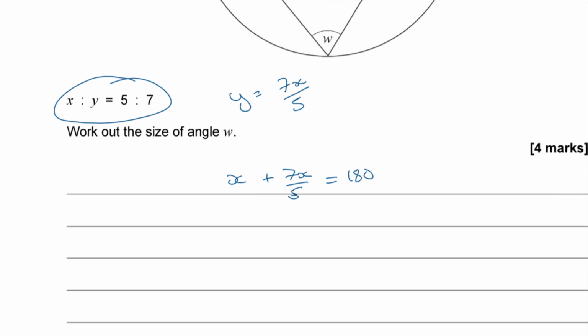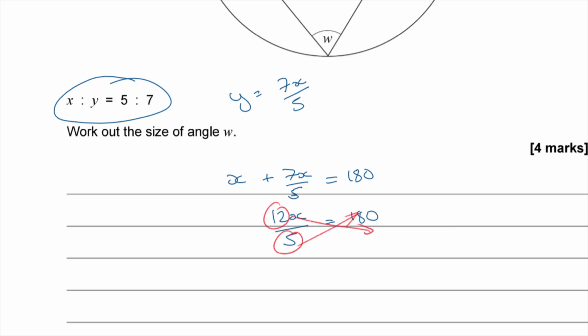So x plus 7x over 5, x is 5x over 5, so 5x over 5 plus 7x over 5 is 12x over 5. So 12x over 5 is equal to 180. So dividing 180 by 12 will give me 15, and then times that by 5.